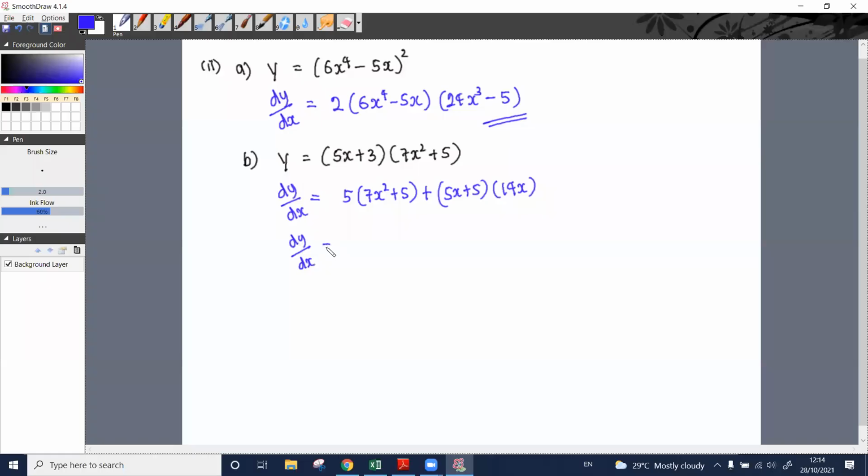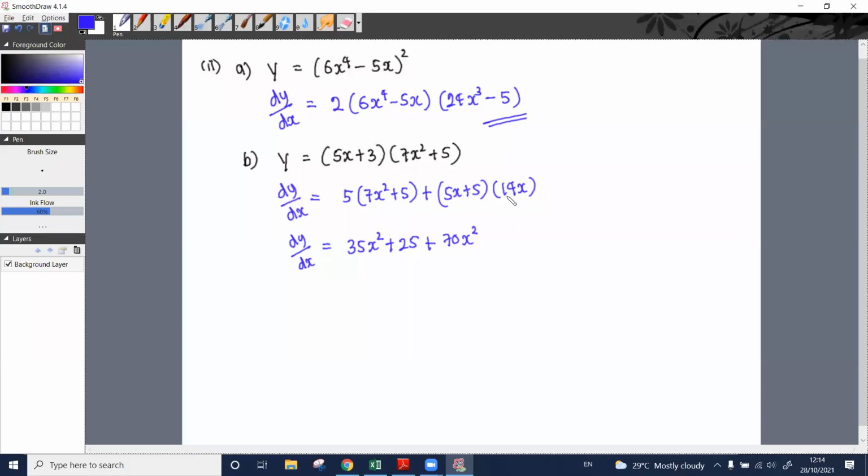So further we can simplify this. dy by dx equals 5 into 7x squared, that is 35x squared. 5 into 5, that is 25. 14x into 5x, that is 70x squared.